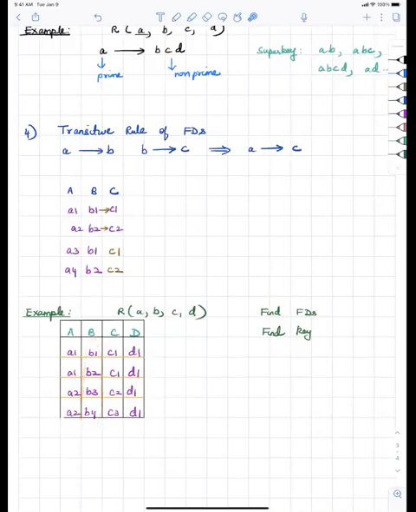All the others have some repetition. So the key part is really easy. The key is B. And once you have a key, you know that there is a functional dependency that has to hold, and that's a key.